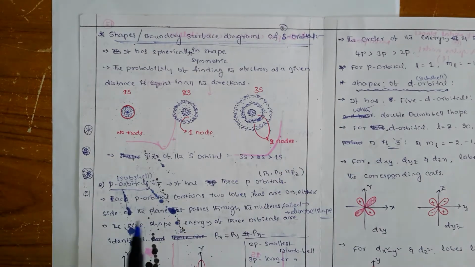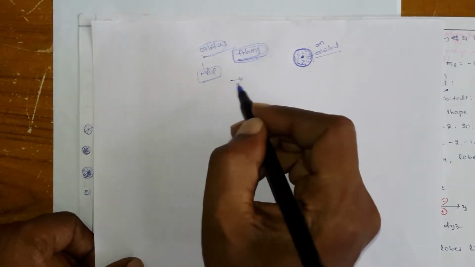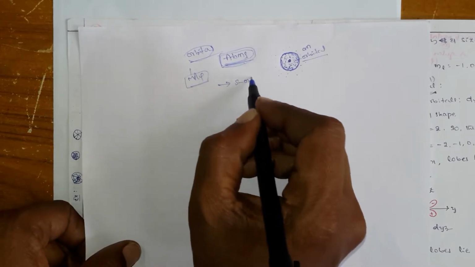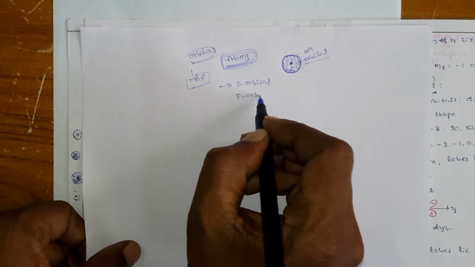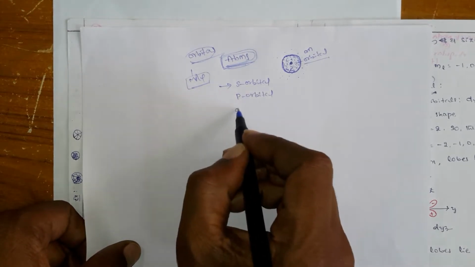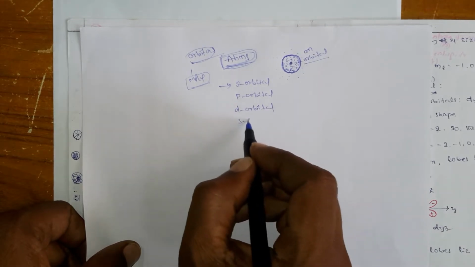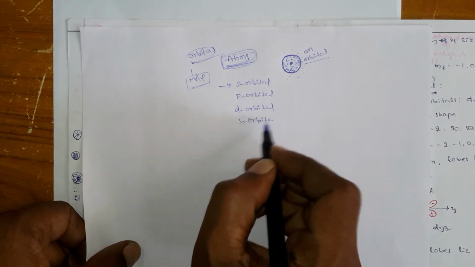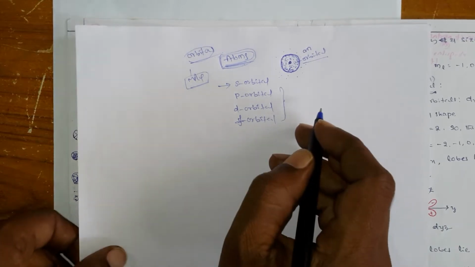First we see how many types of orbitals can be present in the atom. Generally we know that s orbital, p orbital, d orbital and f orbitals can be present.